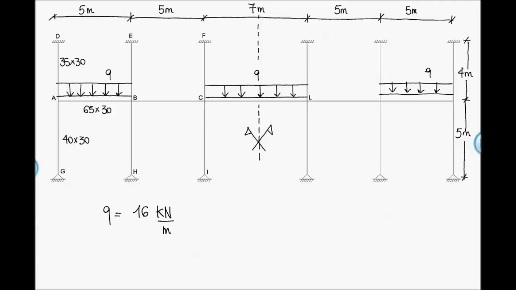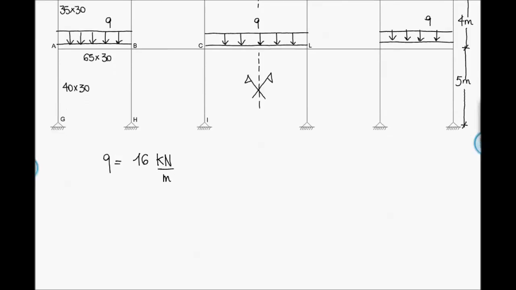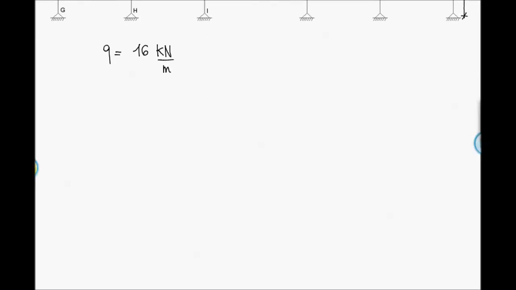So since it is a symmetric structure, we will consider only half of the structure in the Cross method. We have to start finding the fixed end moments, as you know. So we will consider this scheme.